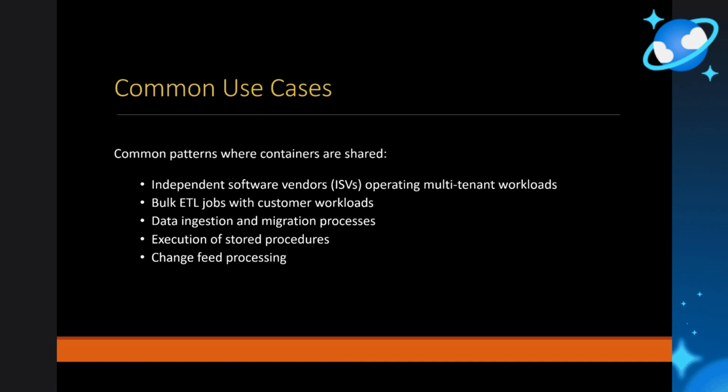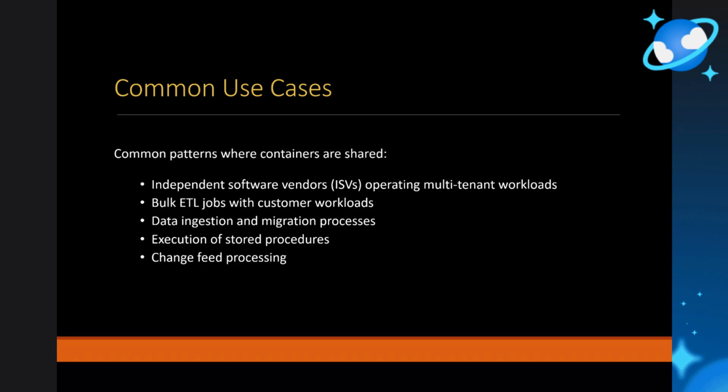The common patterns that we have observed among our customers: in cases of ISVs, they're running a multi-tenant workload on the same container where they have different tenants with varying request volume and performance characteristics, and they end up impacting one another's performance due to unpredictable RU usage.